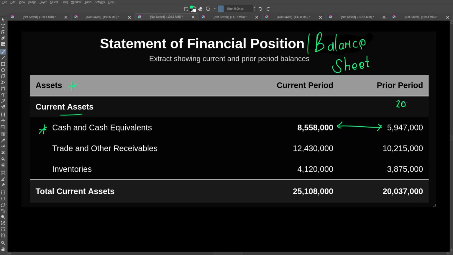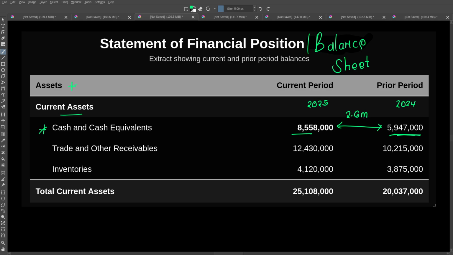Let's assume this is 2024 and this is the year ended 2025. So this is the closing balance as at 31st December 2024, and it is the opening balance as at January 2025. We want to know this net change from 5.9 million to 8.5 million, which is 2.6 million.